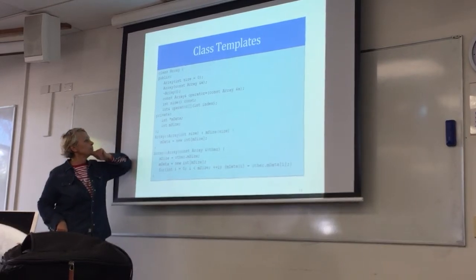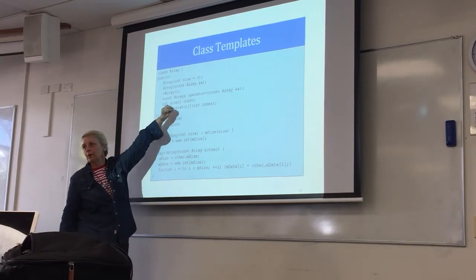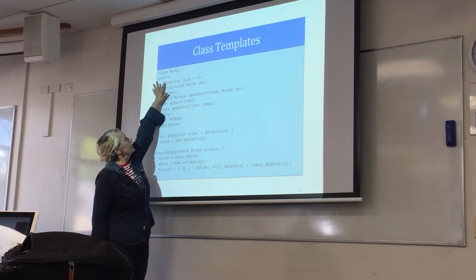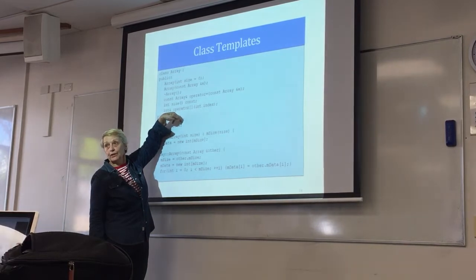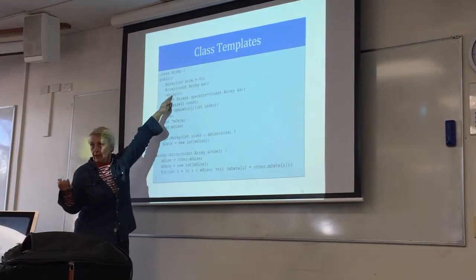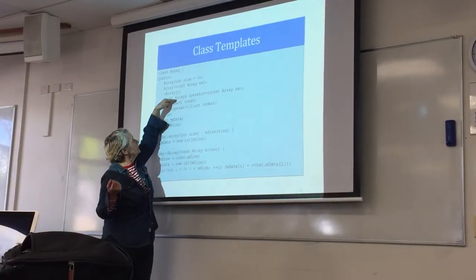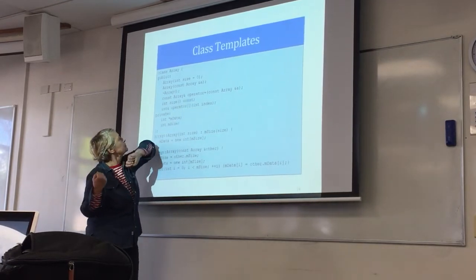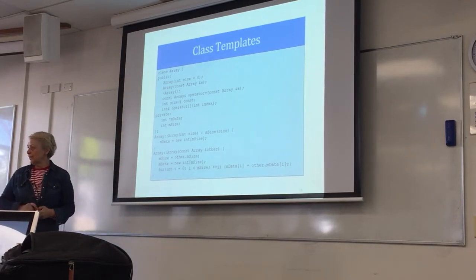And we have here a limited number of methods, a constructor, copy constructor, because we are working with pointers. So probably a destructor, right? We have assignment operator. We have a size method. And we have an index operator to access elements in the array.